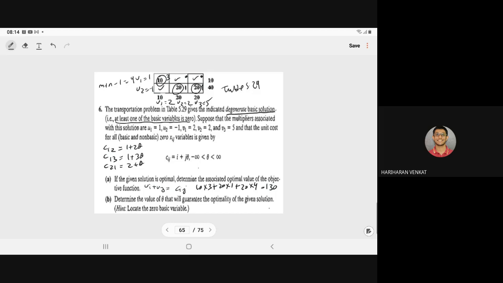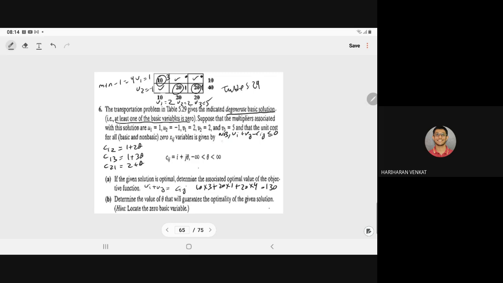Locate the zero basic variable. So first you have to say that the current solution is the optimal solution. So for the non-basic variables, we know that ui plus vj minus cij must be less than or equal to 0.